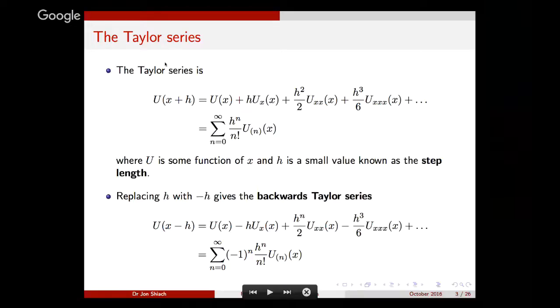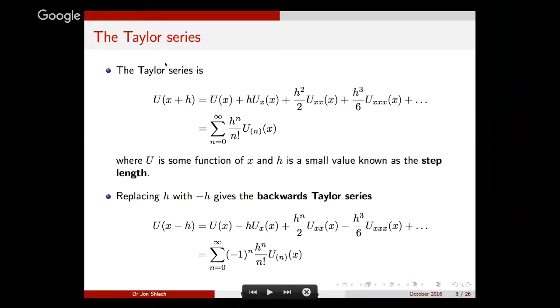So we have this summation, n equals 0 to infinity. n is the power of h, and it's also the order of the derivative. So you can see there's a pattern there: h to the power of 3 divided by 3 factorial, which is 6, multiplied by the third order derivative. And so we've got an infinite sum.